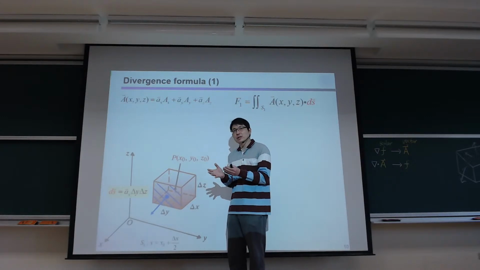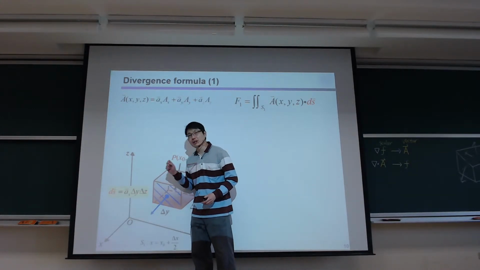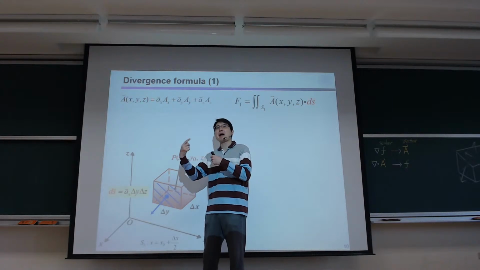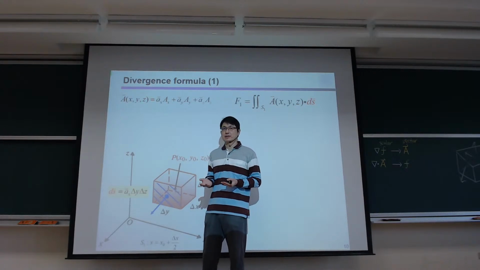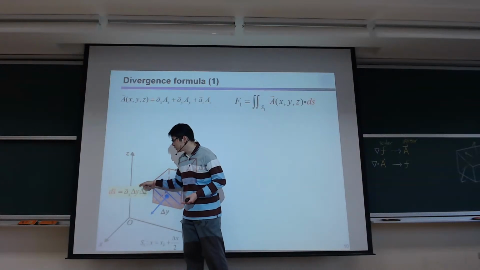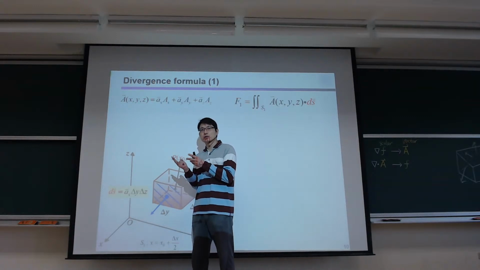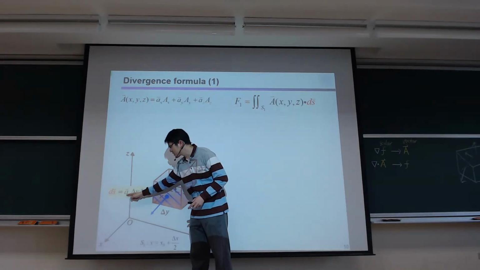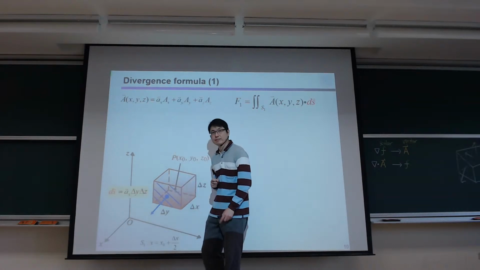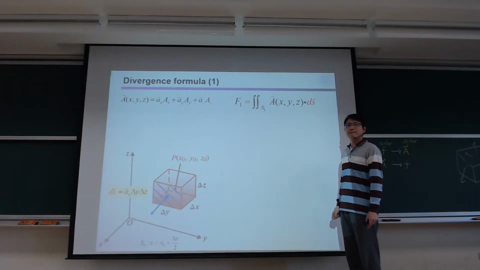So its magnitude, its surface area, must be delta y delta z. Again, this is what I emphasized: for a given surface, you have a direction, and then the magnitude must be determined by the other two unit vector directions. So you have the x direction, but the magnitude is determined by delta y and delta z. So you know how to formulate this ds, right?